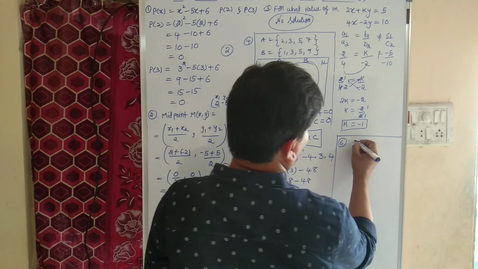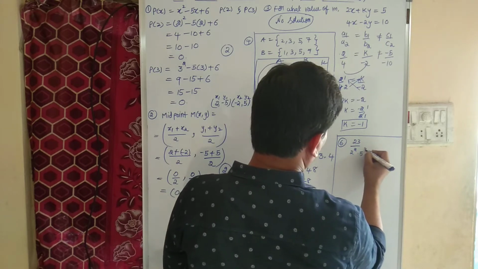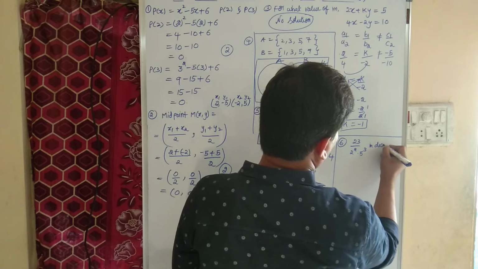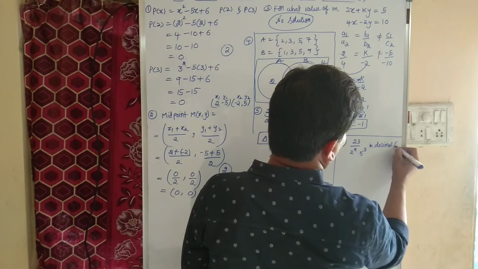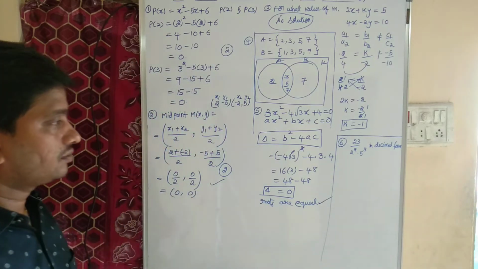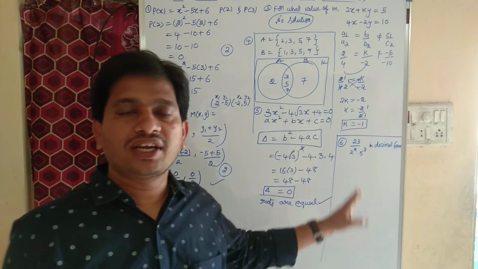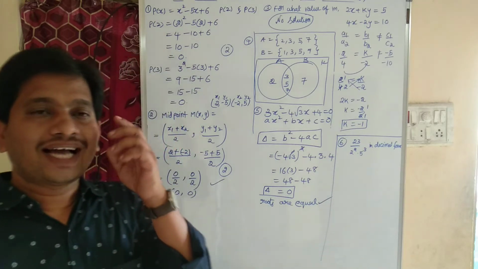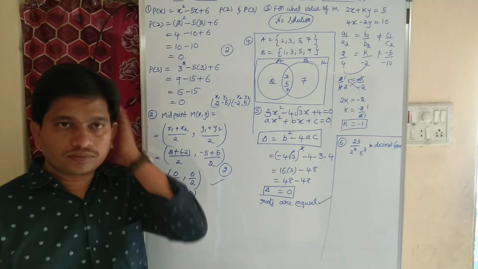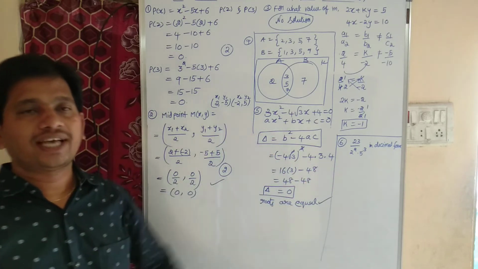Express 23 by 2 square into 5 over 3 in decimal form without actual division. This is one of the most important topics, which is there in chapter number 1, real numbers, last exercise 1.4, not logarithms, real numbers last exercise.